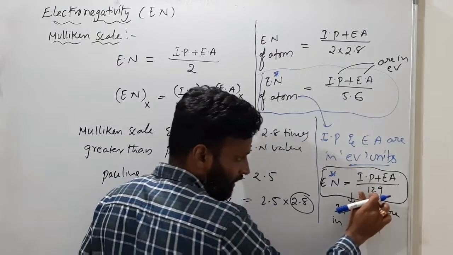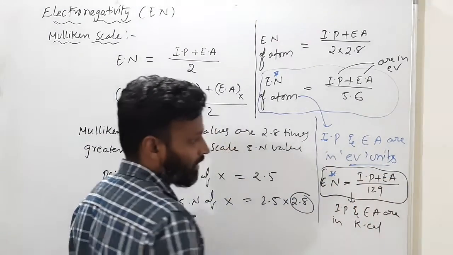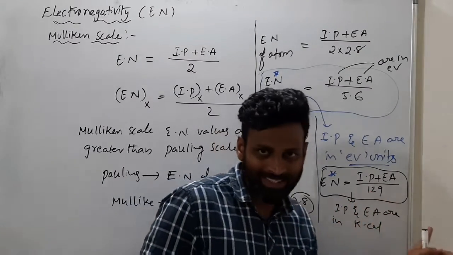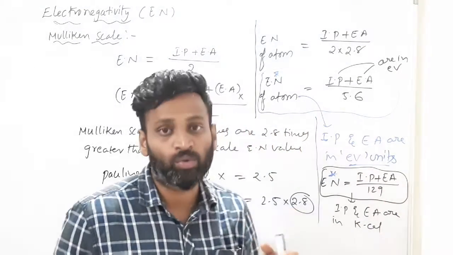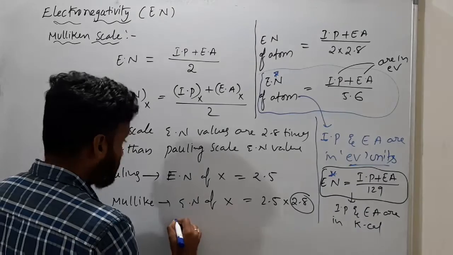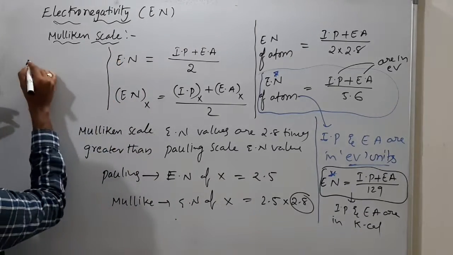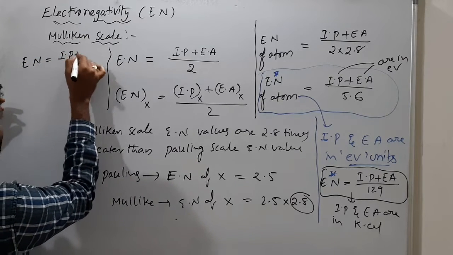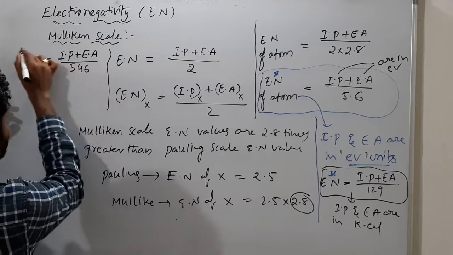IP plus EA by 129 is equal to electronegativity when IP and EA are in kilocalories. And if you take 546 in the denominator, then IP and EA are in kilojoules. So electronegativity is equal to IP plus EA by 546.